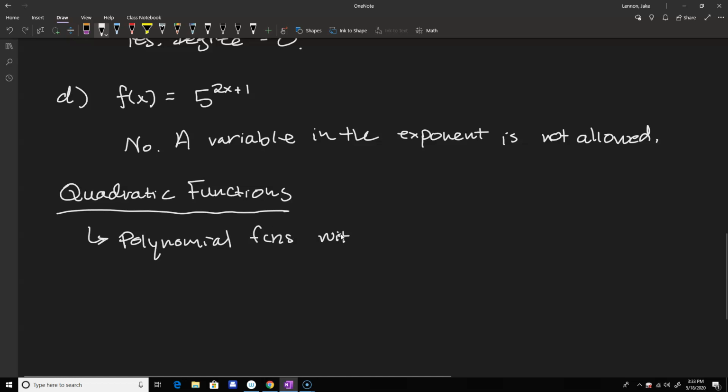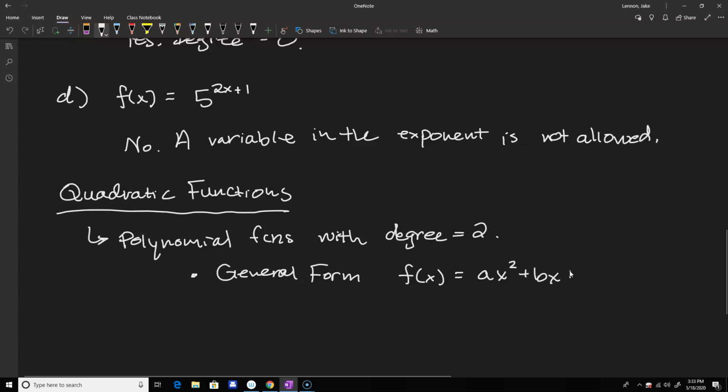Specifically, if we want to write down a general form, it would look something like f of x equals ax squared plus bx plus c, where a, b, and c are just real numbers again.